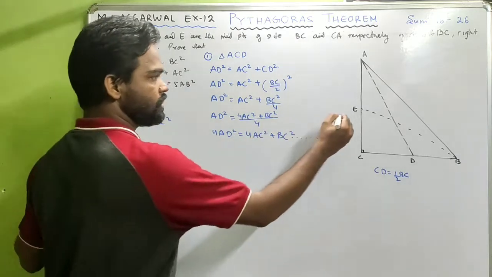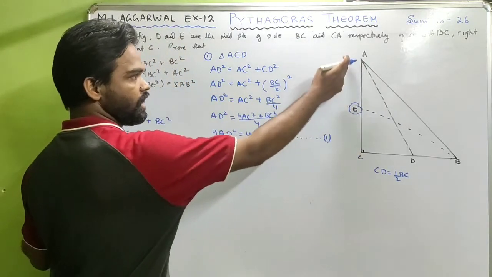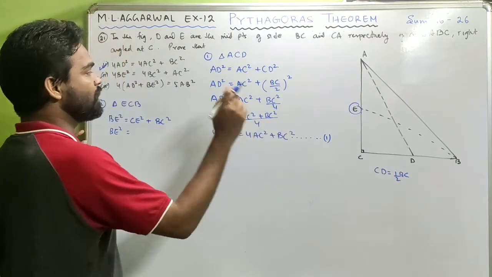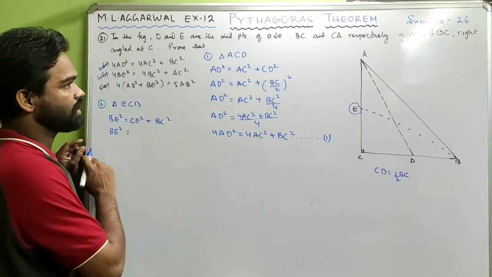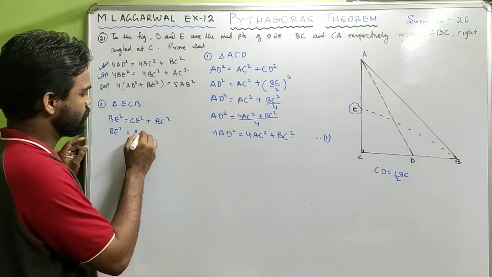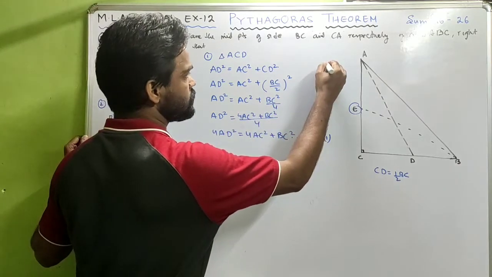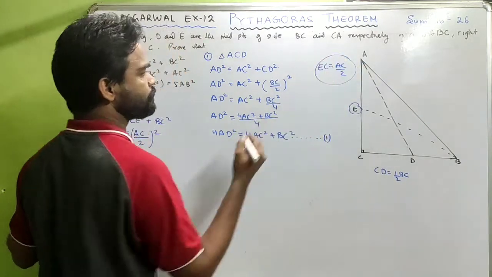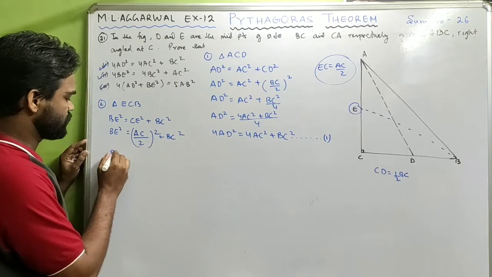Now again, E is the midpoint of AC, which means AE and EC are the same, so EC is half of AC. So instead of CE, I can write half of AC, which means (AC by 2) whole square plus BC square.